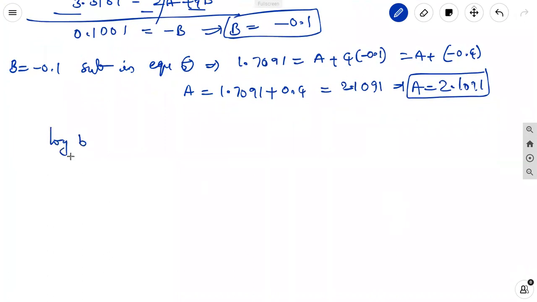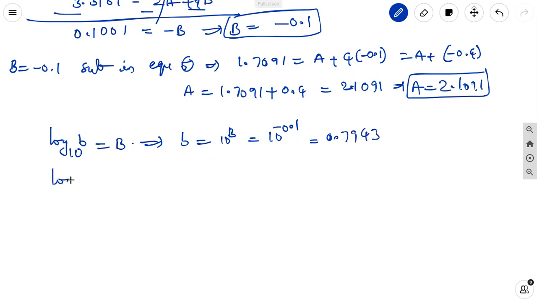Now we can take log small b base 10 equal to capital B. So small b equal to 10 power B, 10 power minus 0.1, which is 0.7943.